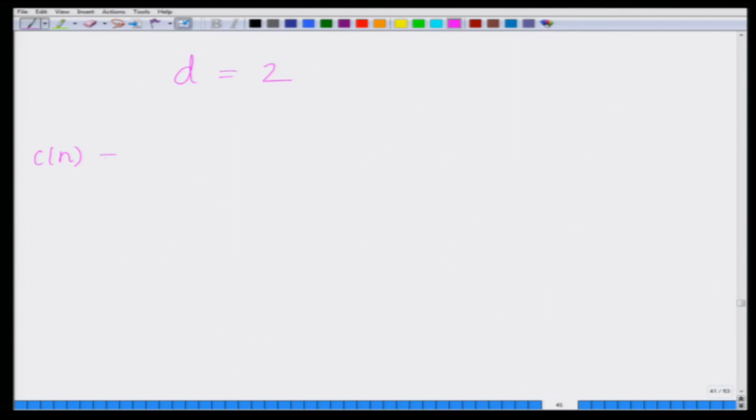My PN sequence Cn is basically minus 1, minus 1, minus 1, minus 1, 1, 1, 1, minus 1, 1, 1, minus 1, minus 1, 1, minus 1, 1.